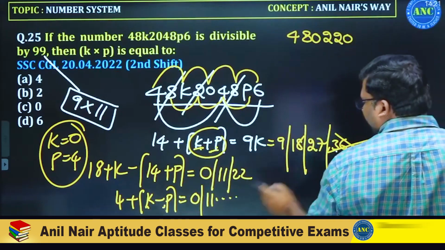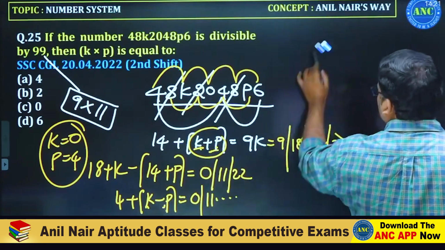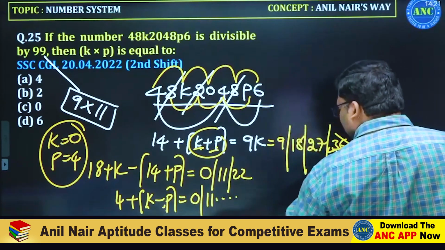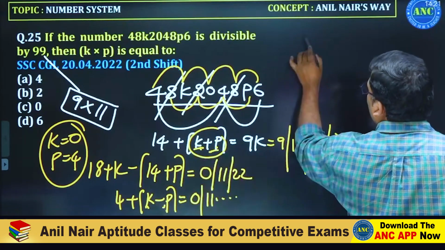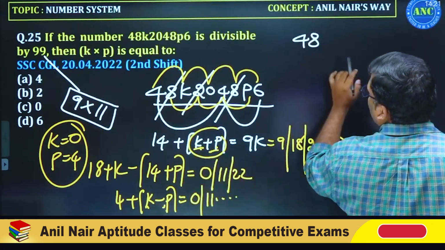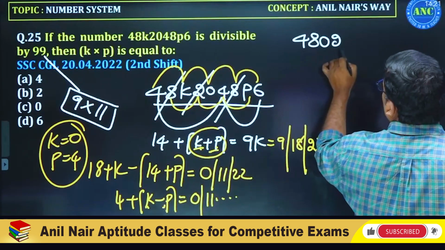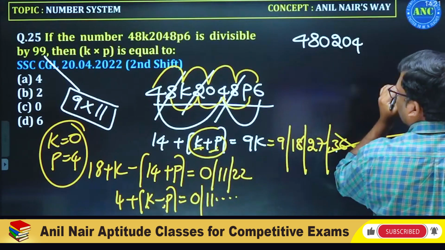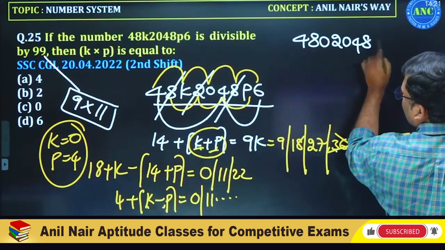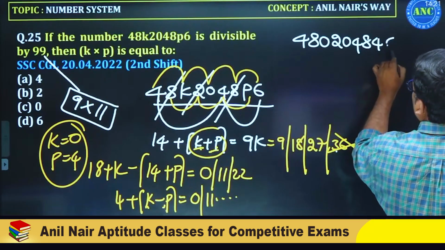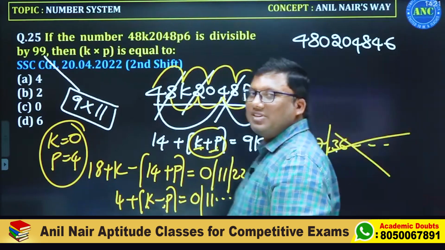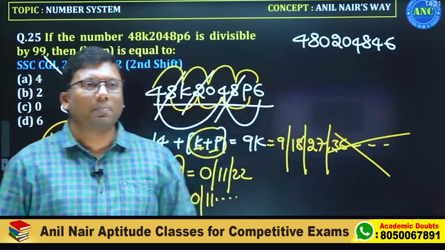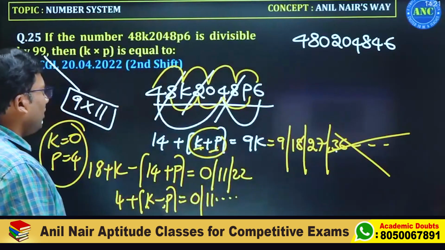The number is 48 0 20 4 8 P is 4 and 6. This is the number which I got: K is 0, P is 4.